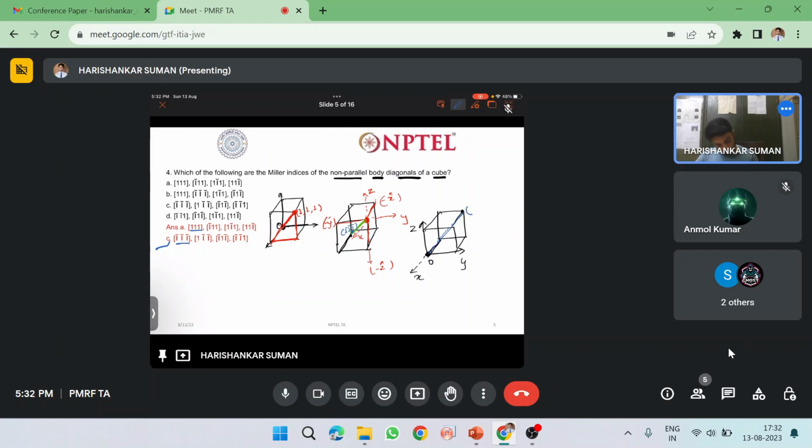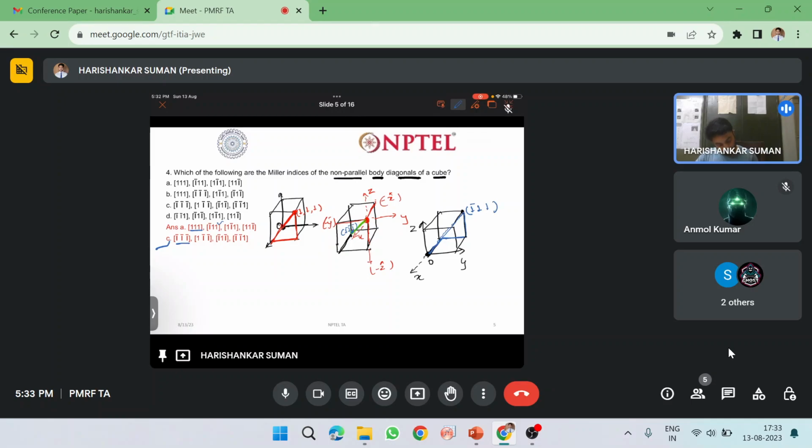So what is the coordinate of this point? We have minus 1 on x, and y 1 and z 1. So this is the case.